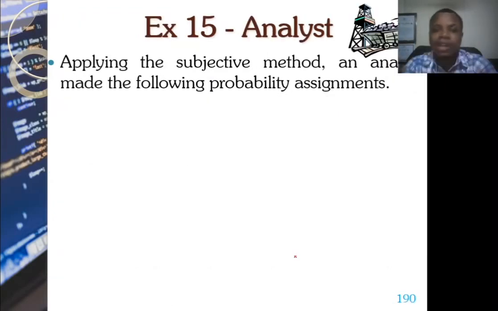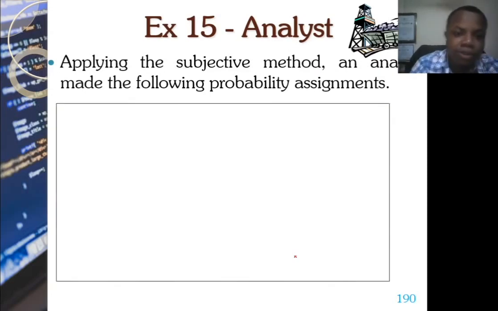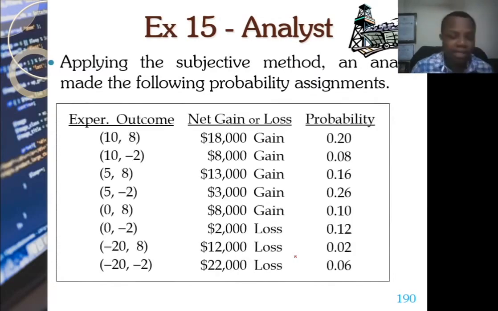Now let's look at another example with an analyst. There is a company whose analyst has made the following probability assignment. So we can have analysts coming up with this with a certain experiment such that if the outcome is within 10 and 8, then there will be a net gain of $18,000.